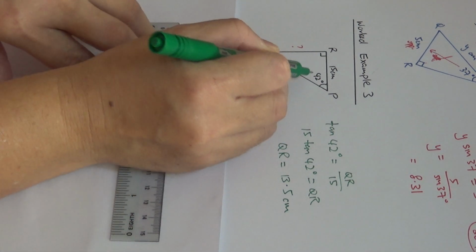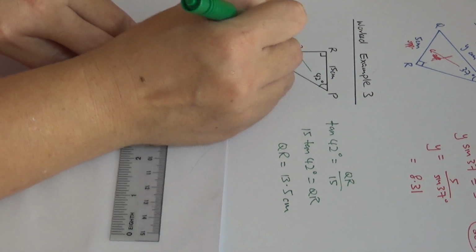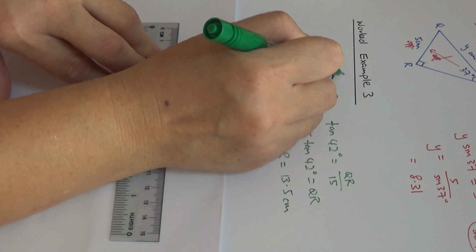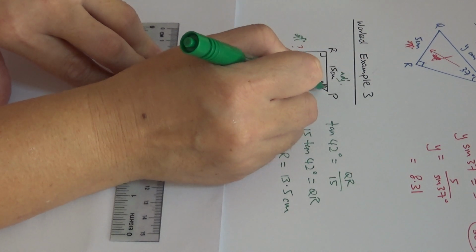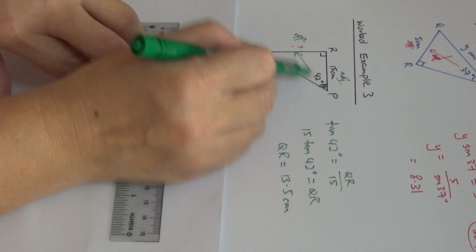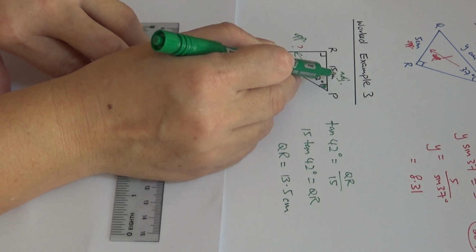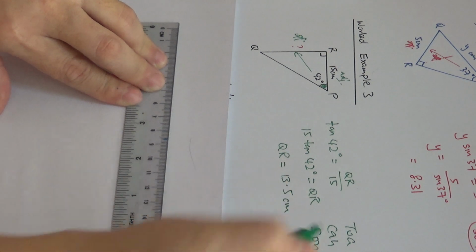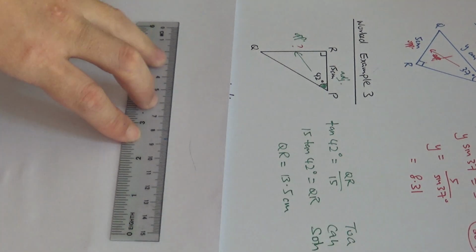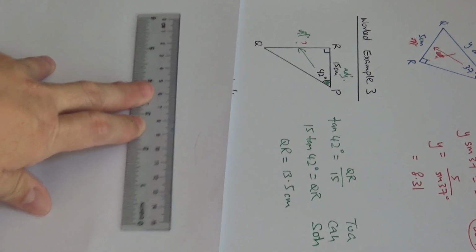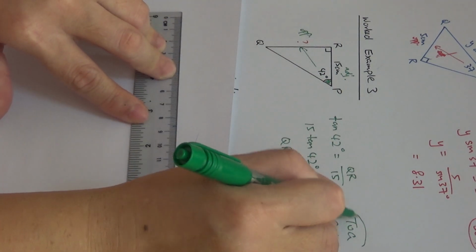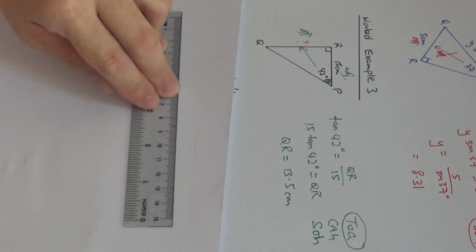Now with respect to 42, this side is the opposite and this side is the adjacent of 42. With respect to an angle, this is the opposite, this is the adjacent. Now if I apply SOH CAH TOA, you will realize that I have opposite and adjacent. Opposite and adjacent, I must use tangent.